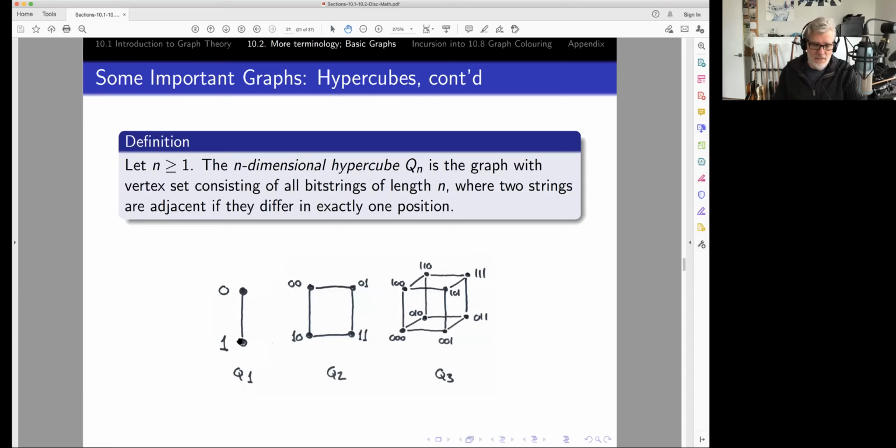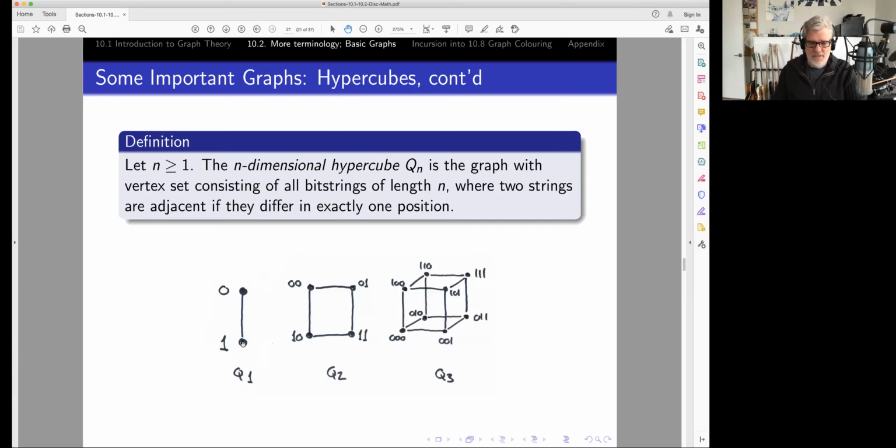You can create the next hypercube from the previous one as follows. If you look here at Q1, you have these 2 bits, 0 and 1. You want to create Q2 from that. Look at this edge here, 0, 1.